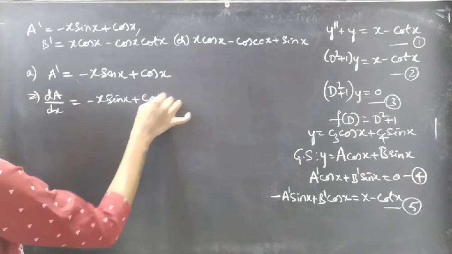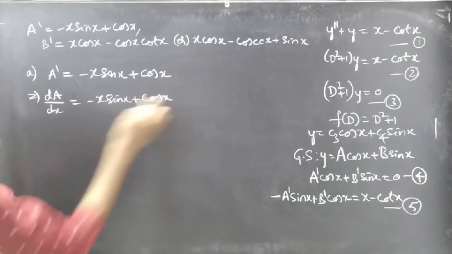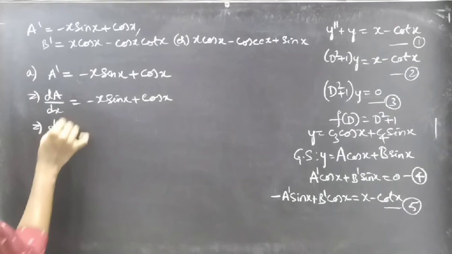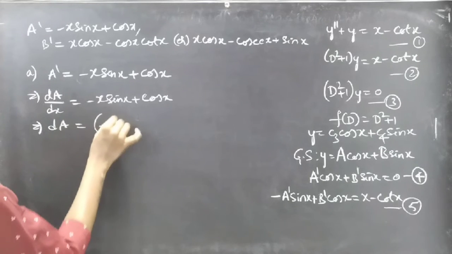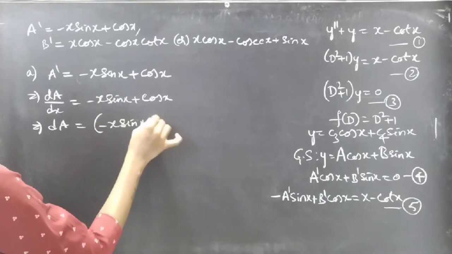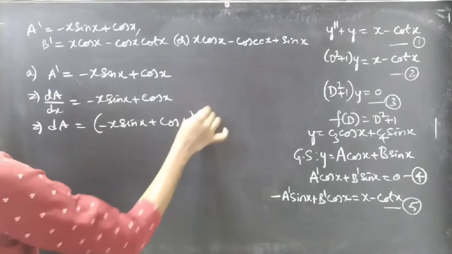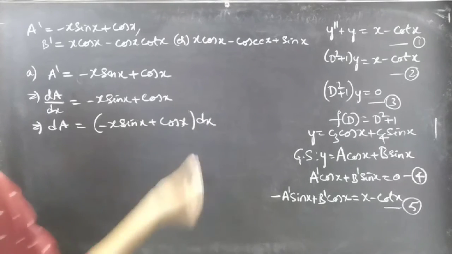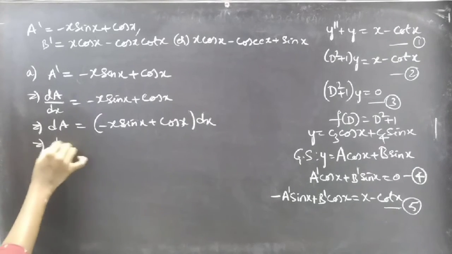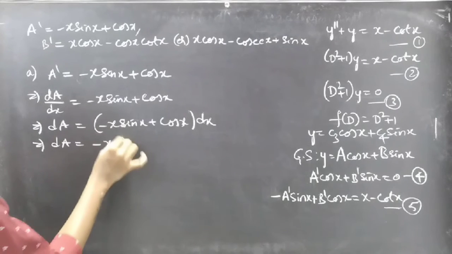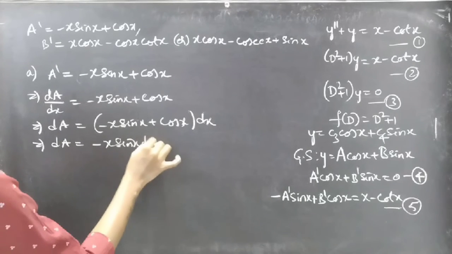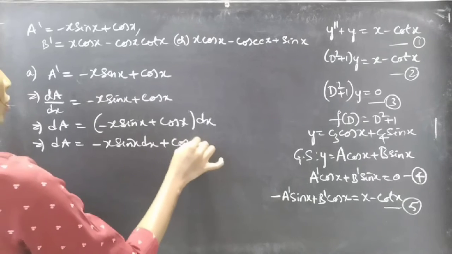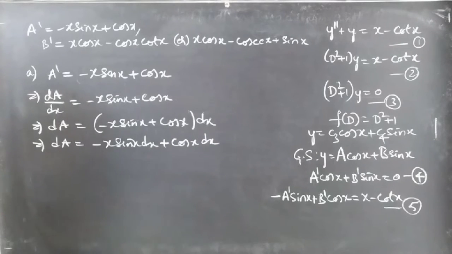Now, let's separate the variables by taking the differential dx to the RHS. Then we'll get dA equal to minus x sin x plus cos x into dx. We can write this as dA equal to minus x sin x dx plus cos x dx, right?